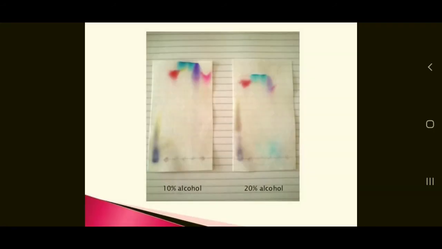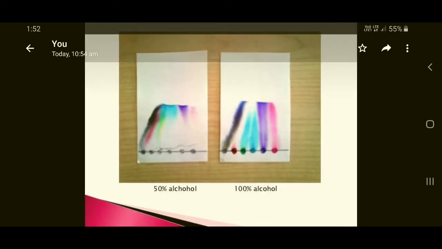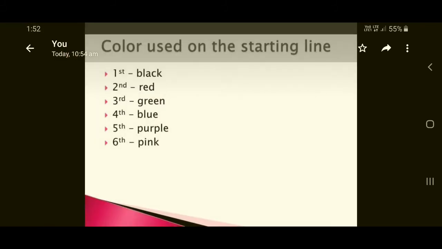Students, next example: 10% alcohol and 20% alcohol. Next 50% alcohol and 100% alcohol, different dye mixtures in separation by paper chromatography.